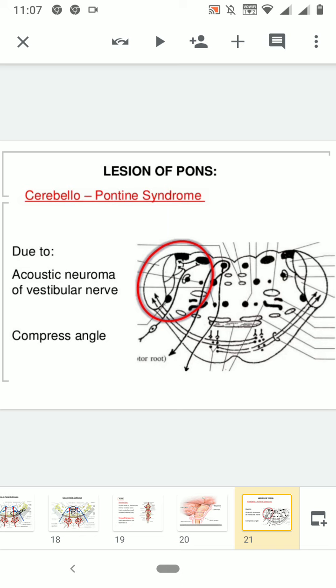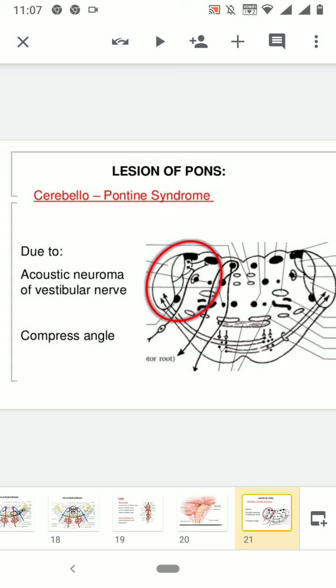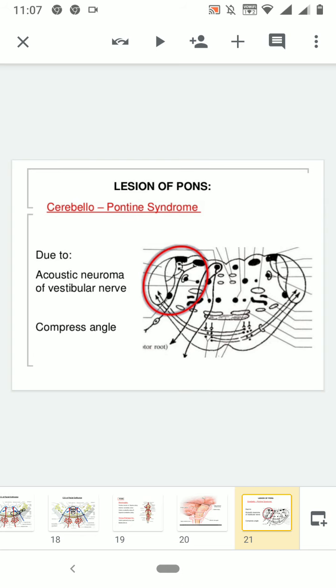You have the trigeminal nerve also, and you also have the middle cerebellar peduncle, which is on the lateral aspect of the section of the pons, and the vestibulocochlear nerve, which is also getting compressed. If there is a mass occupying lesion at this level, such as an acoustic neuroma of the vestibular nerve, this angle can get compressed and there will be symptoms resulting from the compression of all these structures.